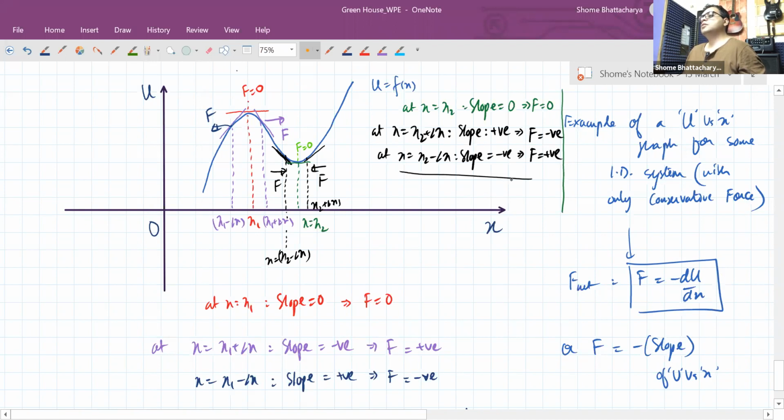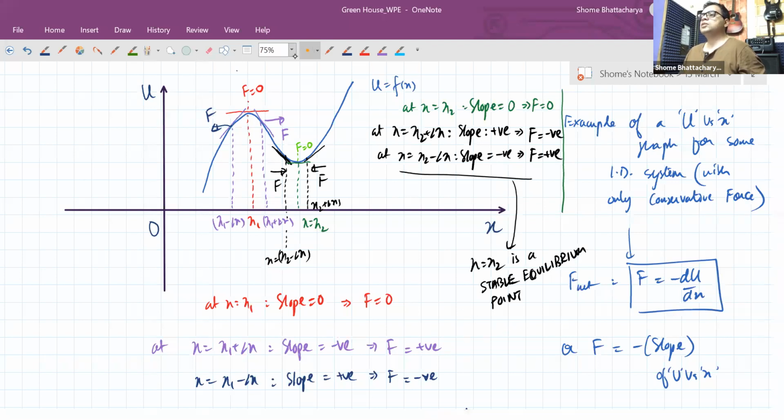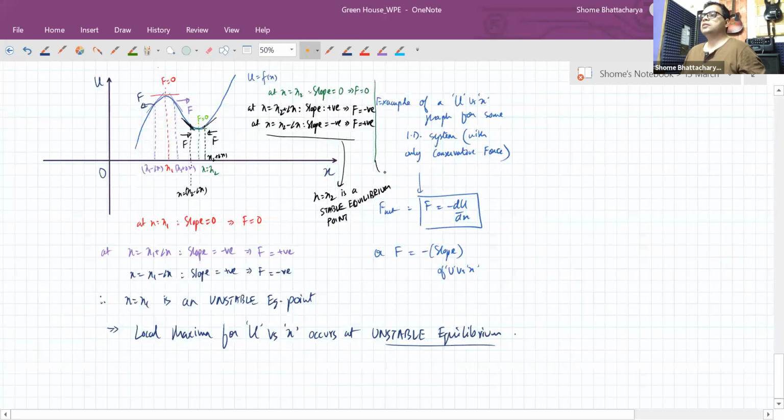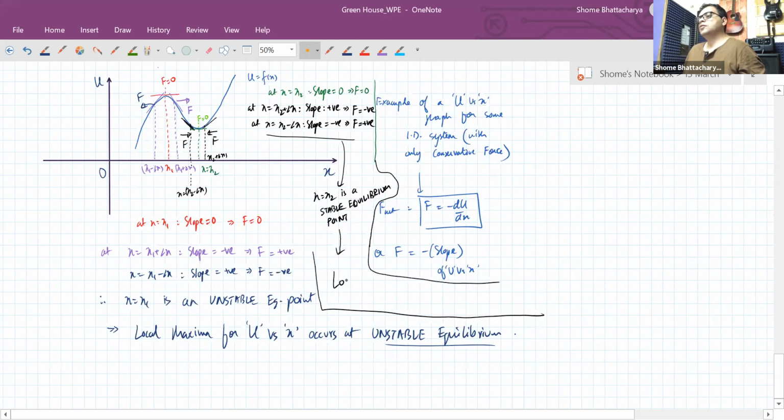So that means x equal to x2 is a stable equilibrium position. Okay, so what that tells us about these kind of systems is that local minima of U versus x is a stable equilibrium position.